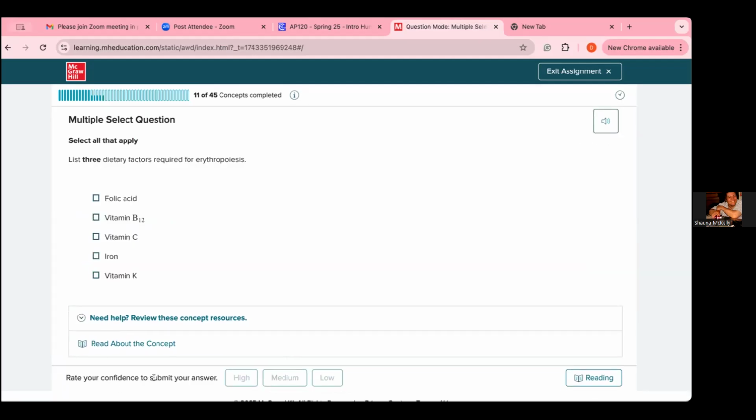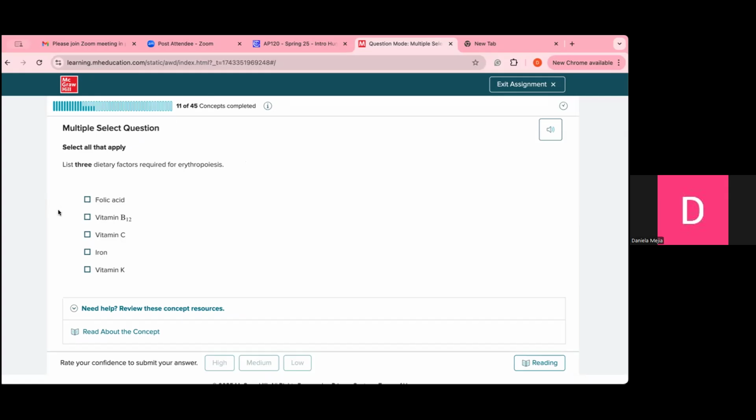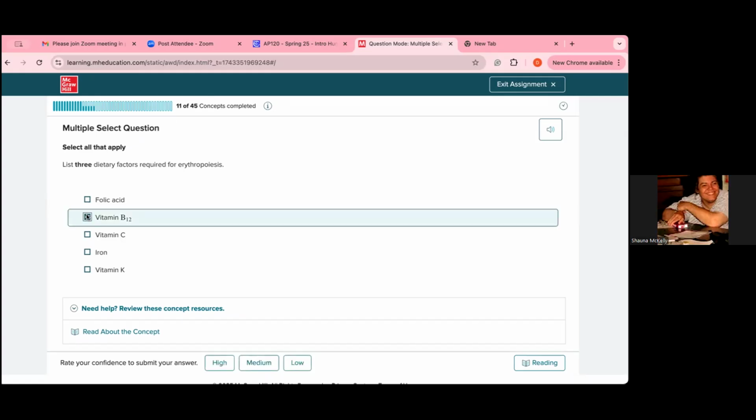Okay, there's 3 dietary factors required. Okay, so do you remember what they are? This time we want all 3. I think it's like vitamin B12. That's one.